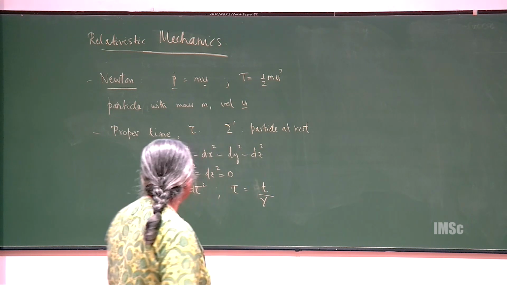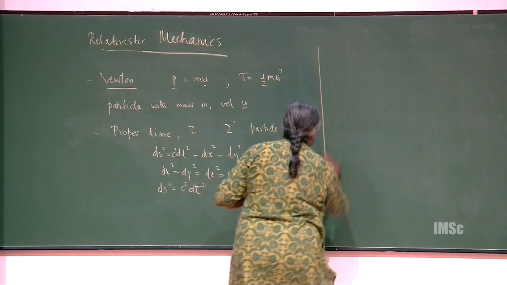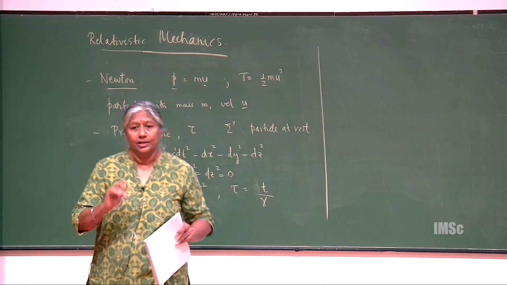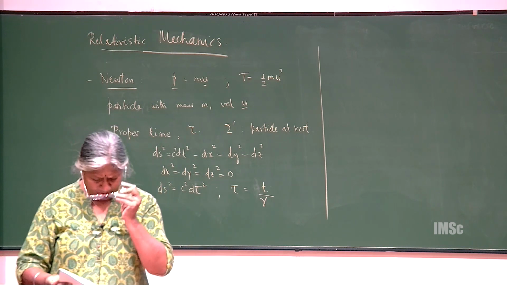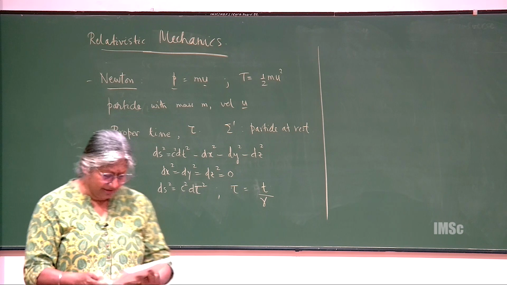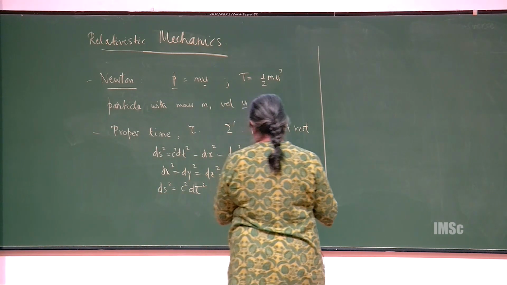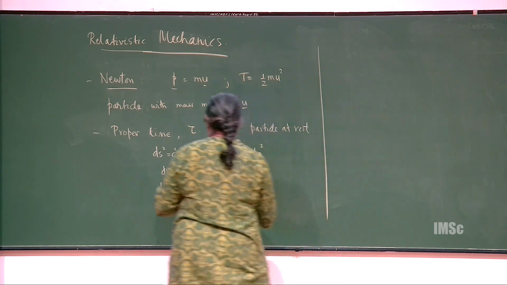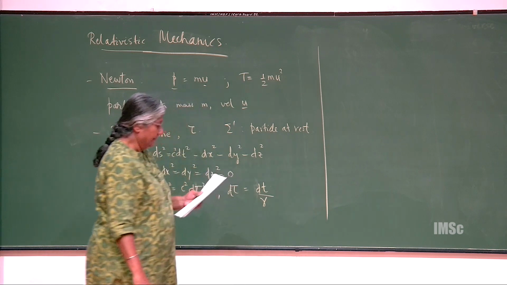So this is something that you want to hold on to, because once you want to write manifestly invariant equations, then you know that you should not be using t, you should be using tau. This is the first hint that you get, right? The next thing, before I come to 4 vectors, therefore if you want I can write d tau is dt by gamma.